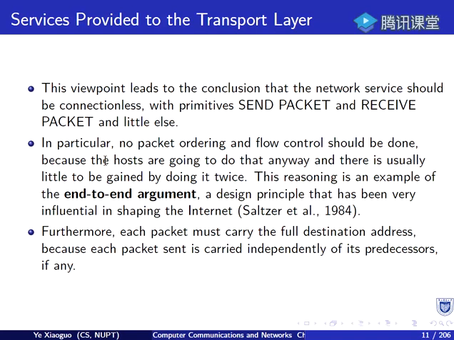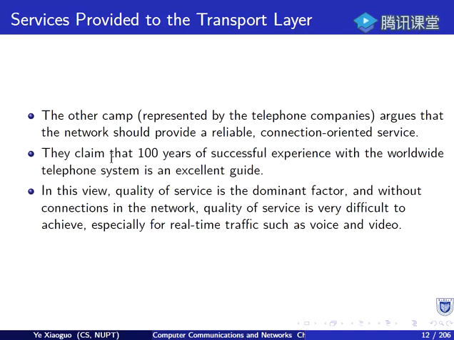So what are the viewpoints? The network is unreliable. It is unnecessary to deal with ordering and flow control twice. And each packet must carry the full destination address. This is the viewpoint of the Internet camp.